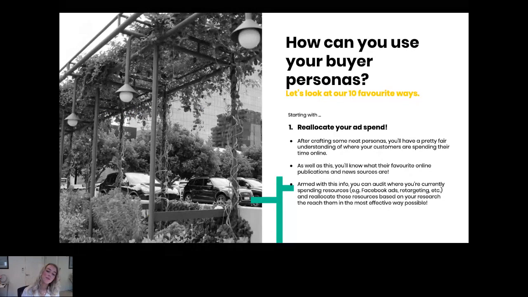So the first way, which is really handy for using your buyer personas, is to reallocate your ad spend. After crafting some really good personas, you might have a really good understanding of where your customers are spending their time online. So you might find that you're looking at a business owner buyer persona, and they spend a lot of time on LinkedIn, but at the moment you're doing Facebook ads.